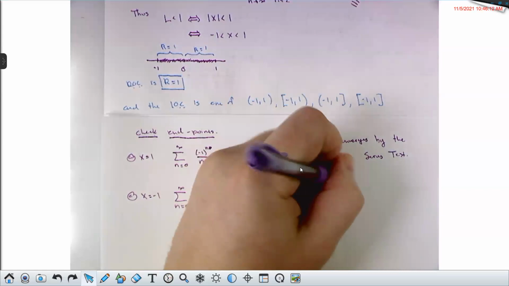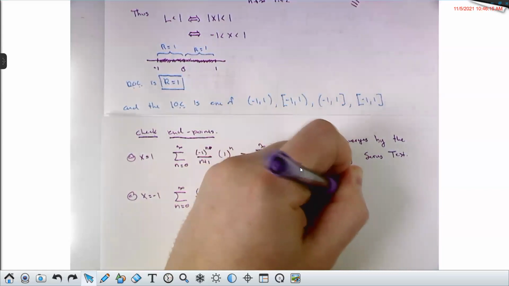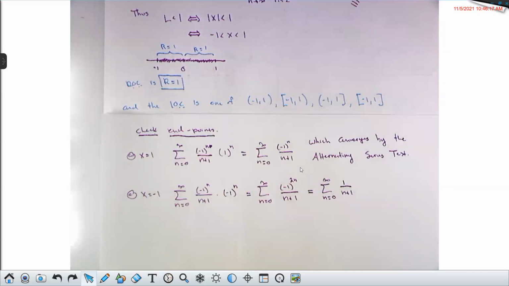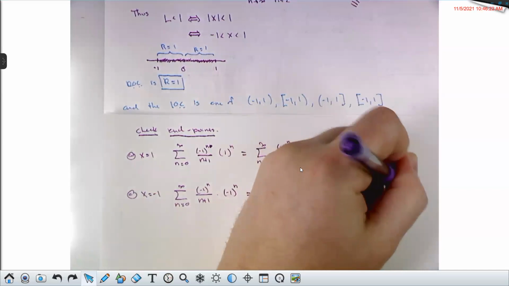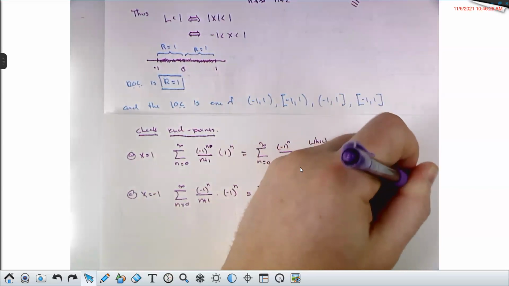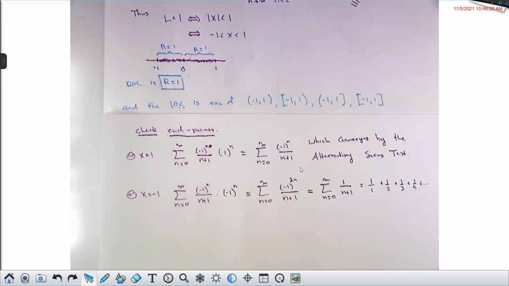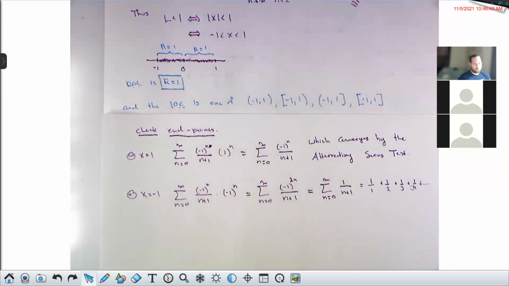So this is sigma n from 0 to infinity 1 over n plus 1, which is 1 over 1 plus 1 over 2 plus 1 over 3 plus 1 over 4, and so on. Does this series, think about writing it out in this form, converge or diverge? The series 1 plus 1/2 plus 1/3 plus 1/4.